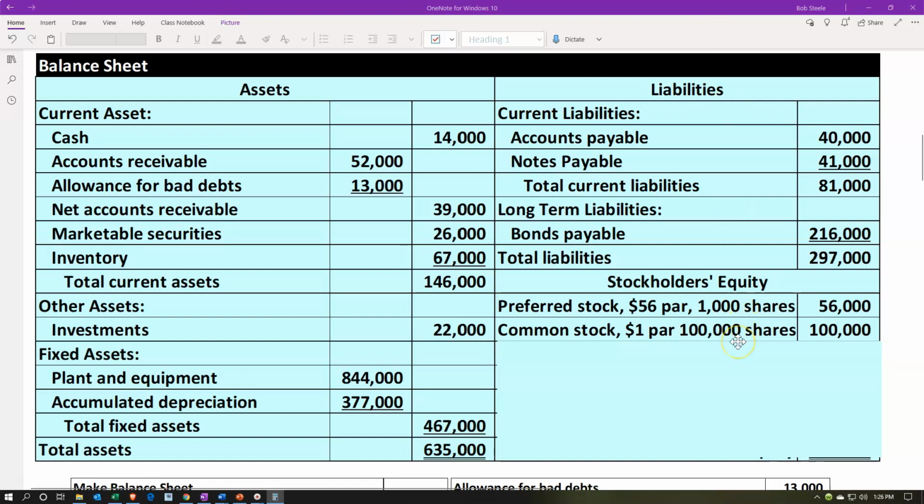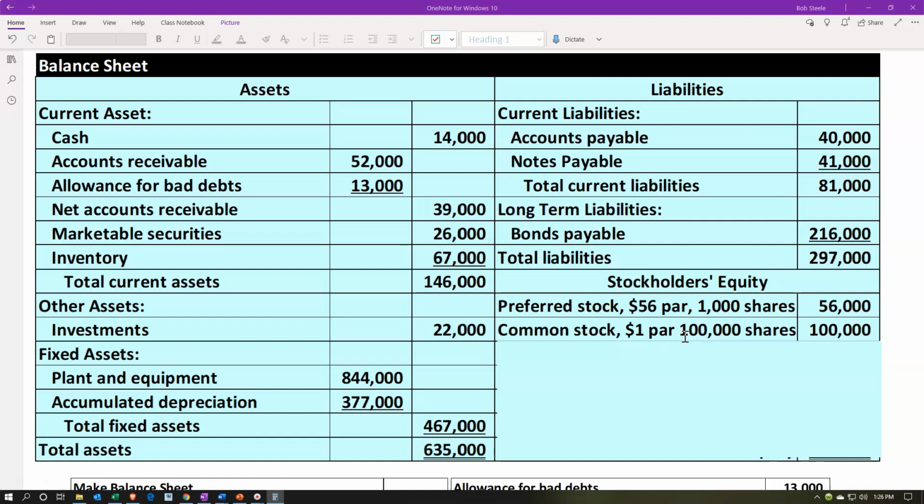The common stock, we issued 100,000 shares in this case. So 100,000 shares are outstanding of the common stock, and it has a $1 par value. So you would think that there are 100,000 shares out there of this stock. That doesn't mean that there are 100,000 owners, because one person can own multiple shares just like one person can own multiple dollars, right?